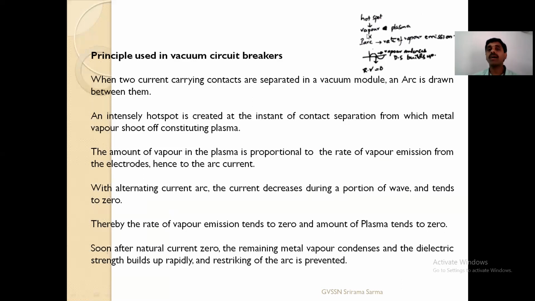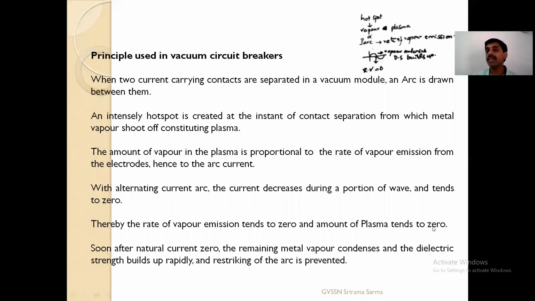The amount of plasma and the amount of vapor liberated is proportional to the arc current. Depending upon the arc current, the vapor or plasma will be there. So the rate of vapor emission depends upon the arc current. Normally the current goes through zero. At current zero, when the arc current is decreasing during that portion of the wave, the rate of vapor emission tends to zero for a brief moment.